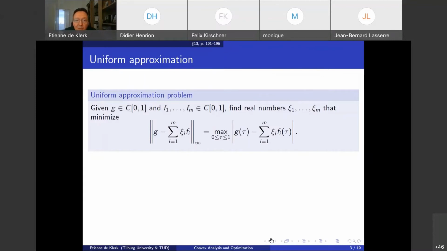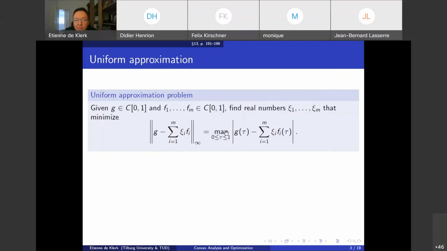If we want to do uniform approximation, we look at the difference between g and some linear combination of the fi's in the infinity norm. The infinity norm is just the maximum absolute value of this function taken over the entire interval.